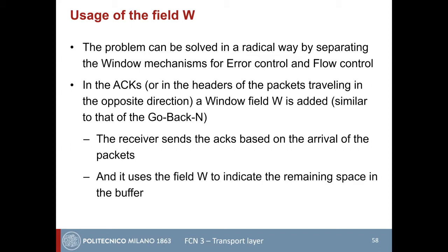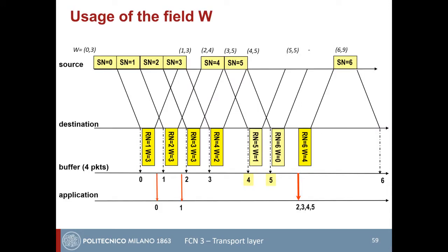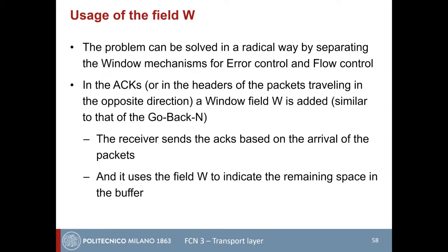So, if this window size indicates the remaining space that is available in the buffer of the receiver, when the sender gets these acknowledgement messages, he knows something about the state of the receiver. And in particular, he knows how much space is still available in the buffer of the receiver. So the best thing to do is to adapt the sending window to this value that is received.